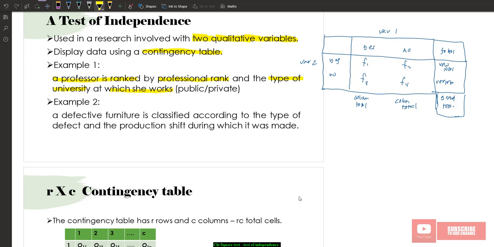So these two variables are qualitative variables. Example number 2: defective furniture is classified according to the type of defect and the production shift during which it was made. This is an example of a contingency table.